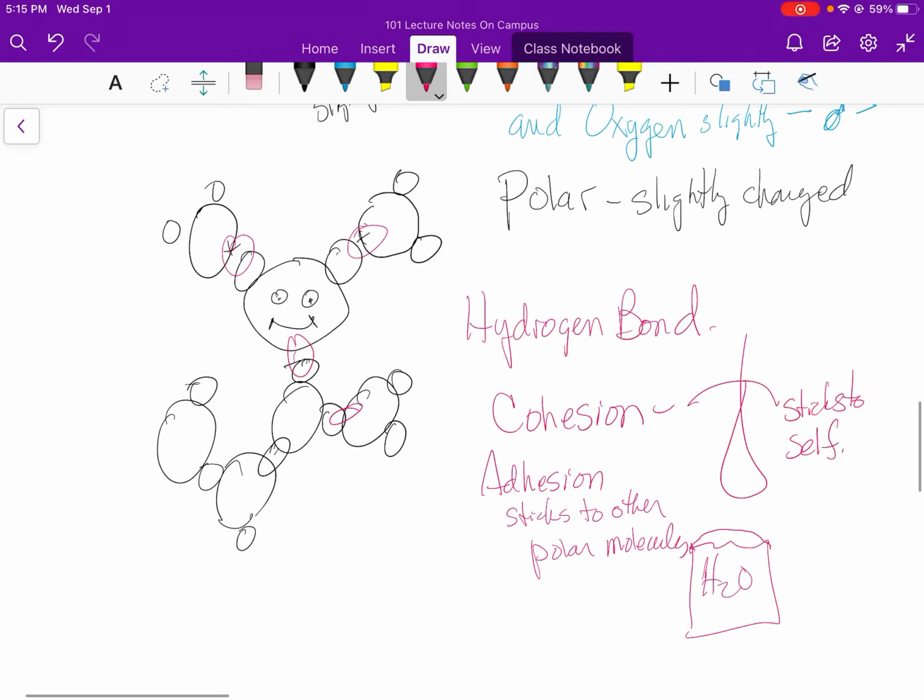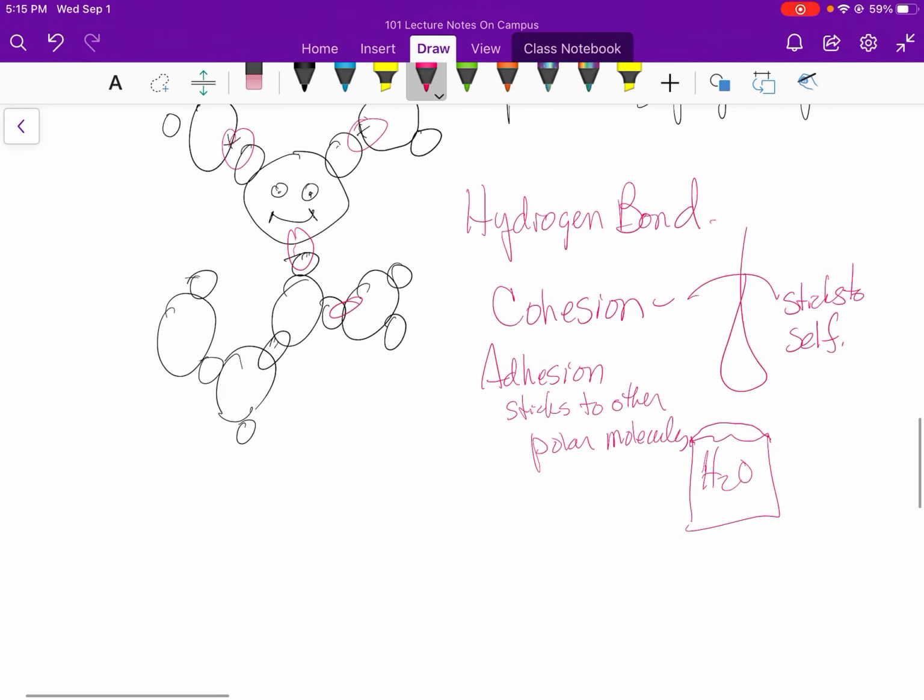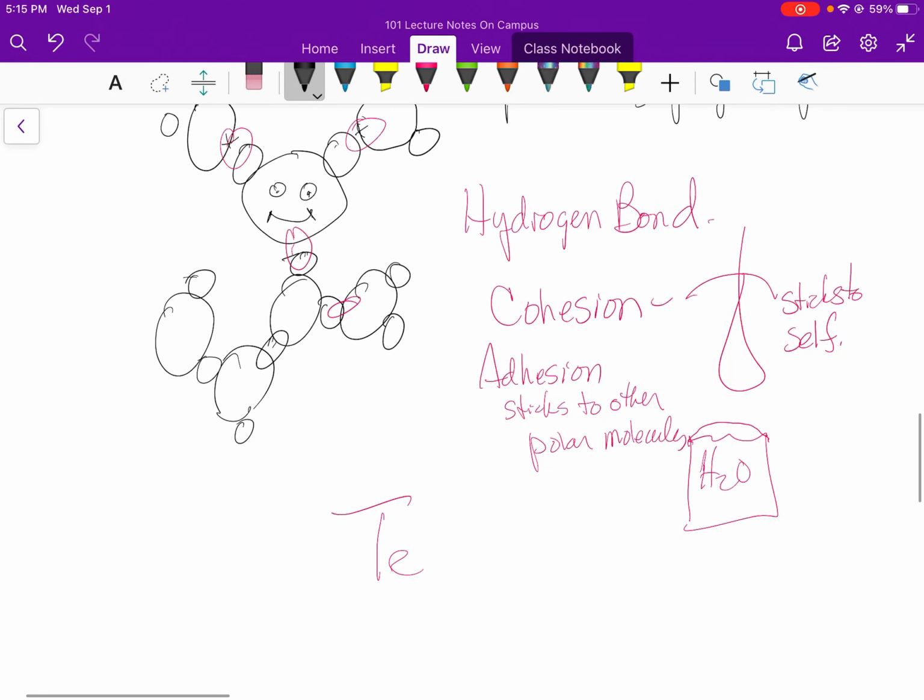This is also called water tension. Water tension, T-E-N-S-I-O-N. And when you see water tension, you just kind of want to make an exclamation point and say water tension. But that seems so stressful. I really prefer thinking of them as polar bears.